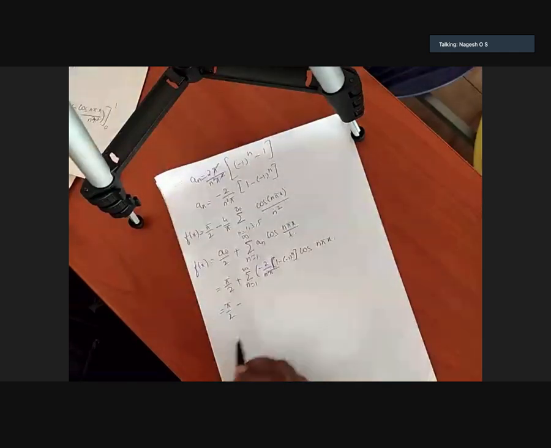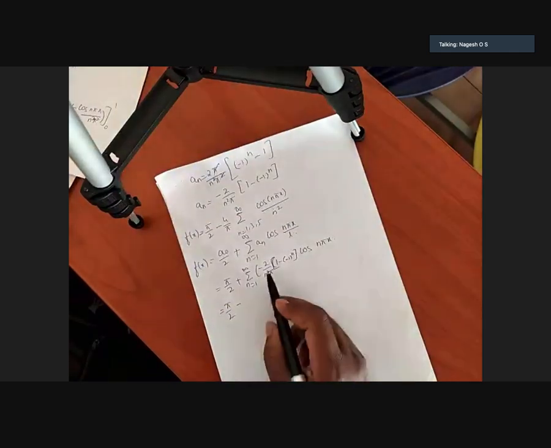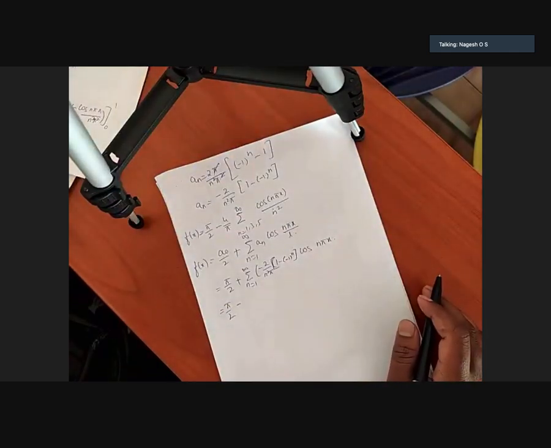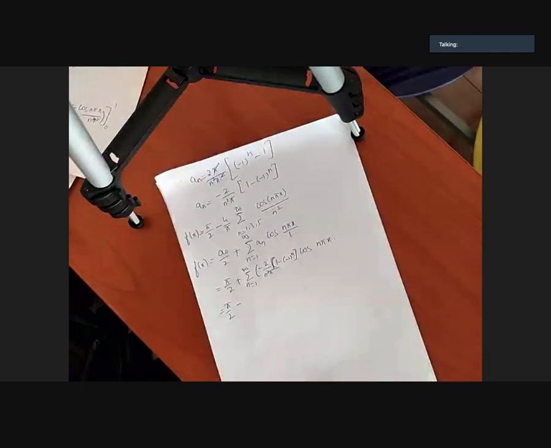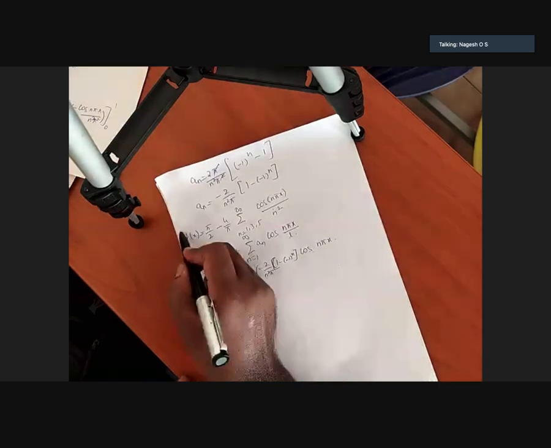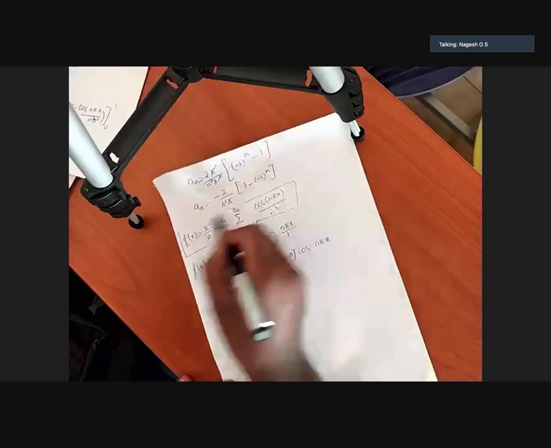Write this minus outside. Then, if you substitute this limits, this one I have written directly. Okay.